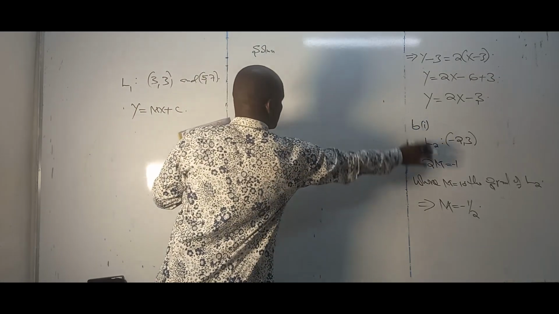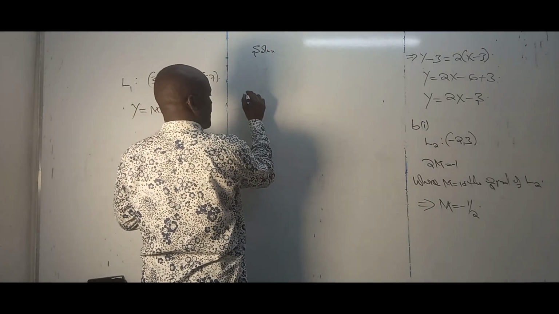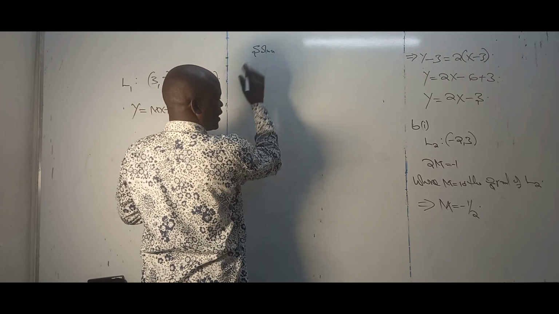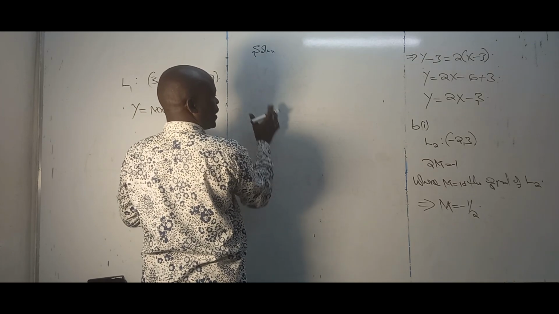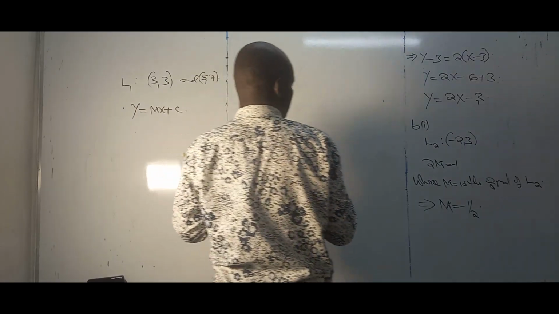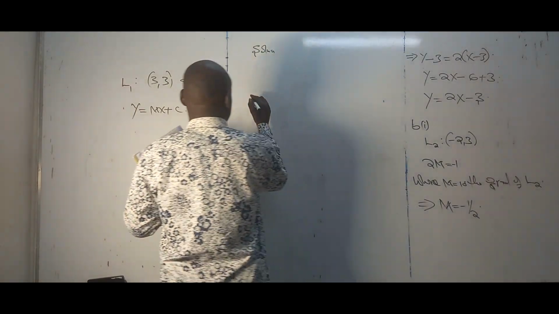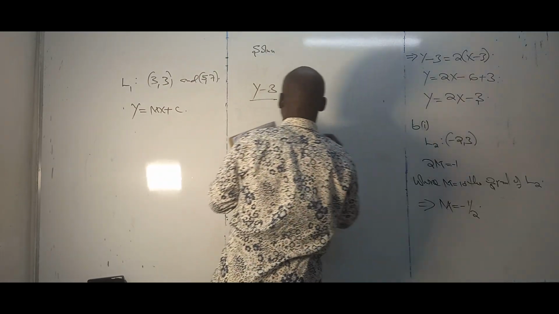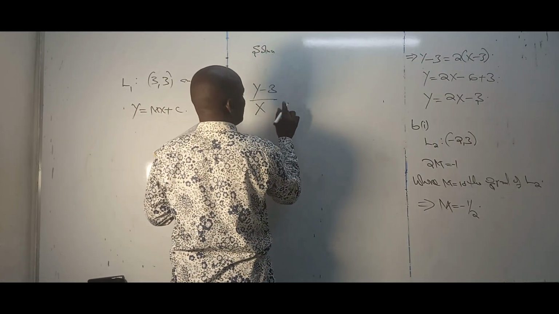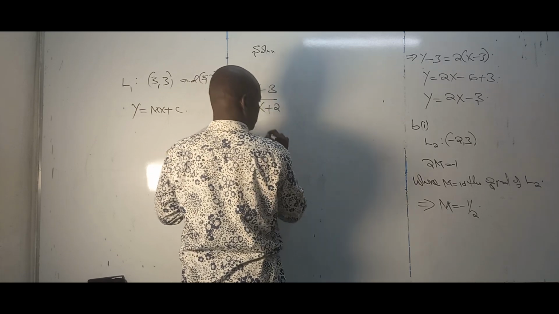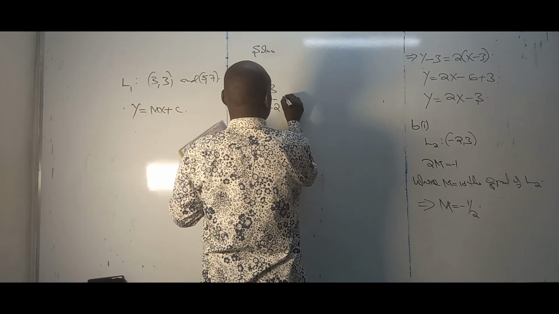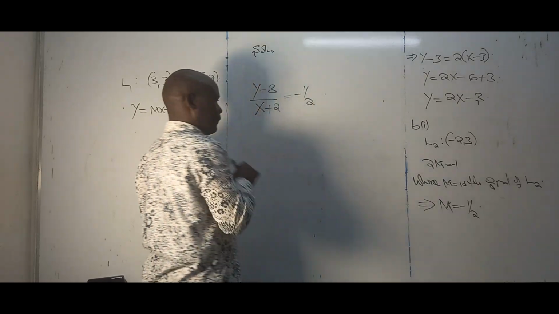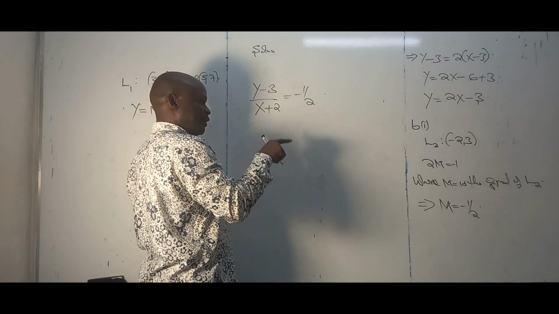If I take other arbitrary points along that particular line, then I would say (y - 3)/(x - (-2)), which will be x + 2, should give me -1/2. That is for the particular case of line 2.